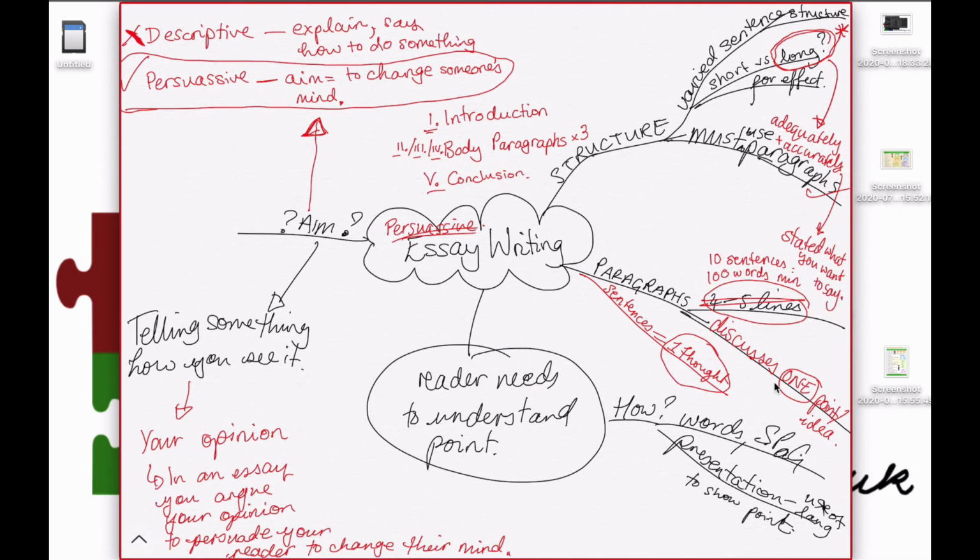You can use short sentences, but when it comes to persuasive essay writing, because it's an academic form of writing, it's not creative in the writing a story creative. It could be.